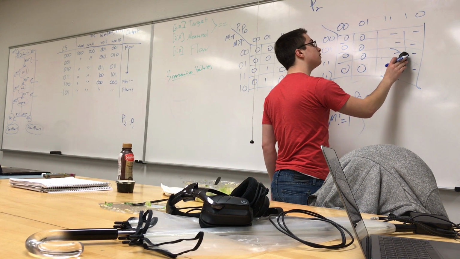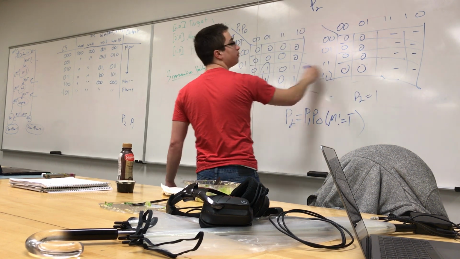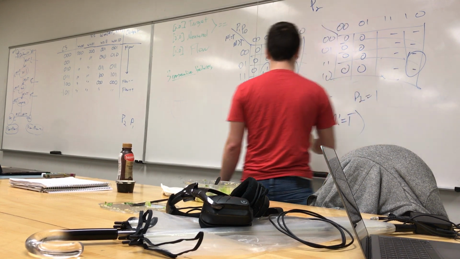So how do we circle this? Well, we got this circle, which we can't do on the other map, and we have this circle, which we can do on the other map.